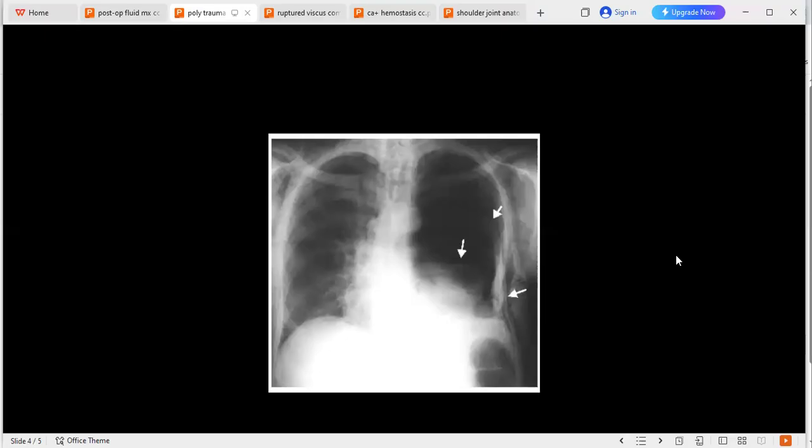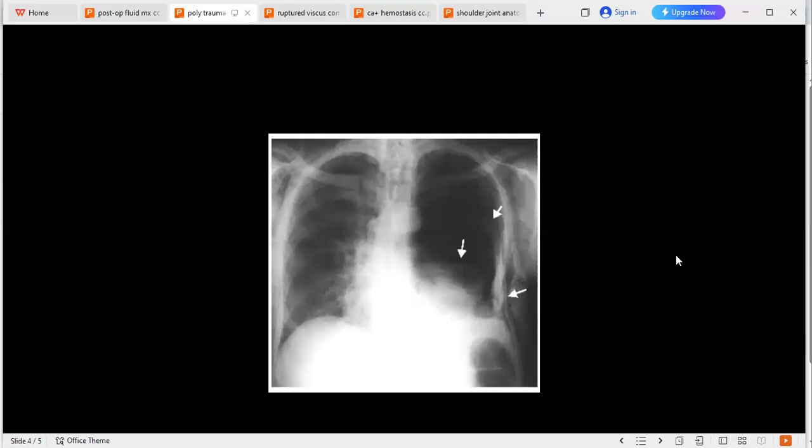How would you assess the mental status of the patient? We'll use the Glasgow Coma Scale. We have to look for eye opening, verbal response, and motor response. If it's less than 15, then we will consider the patient is having an altered mental state.